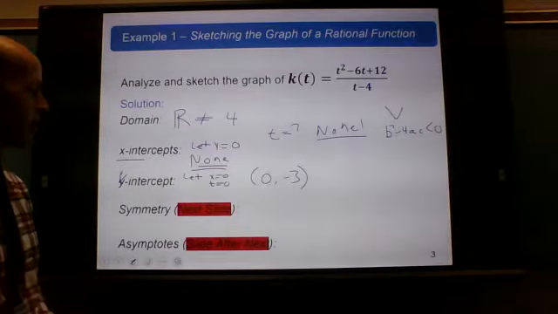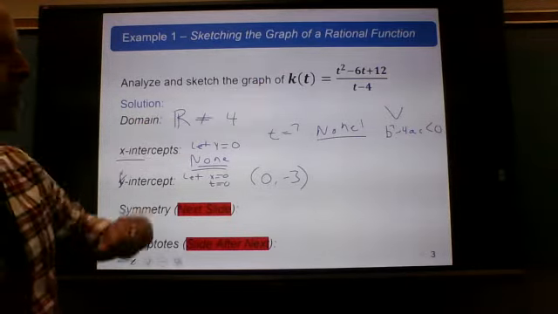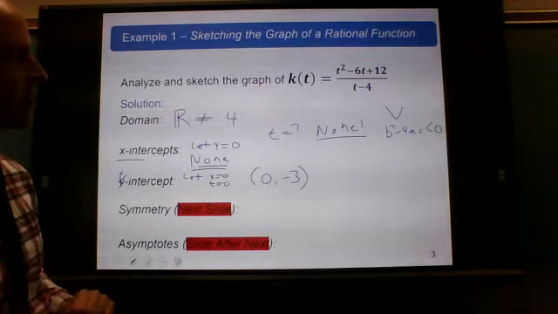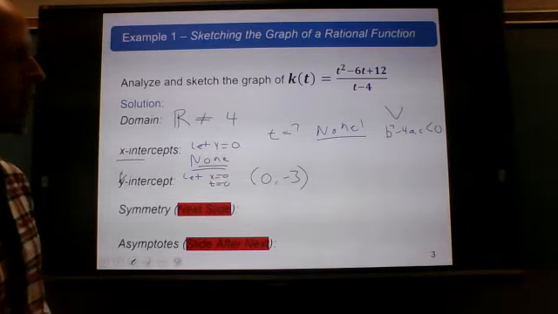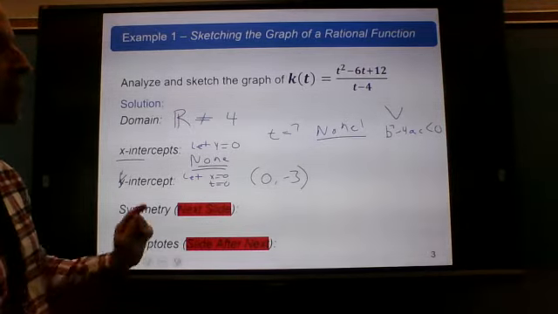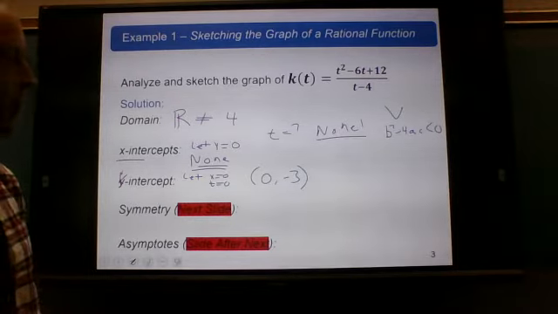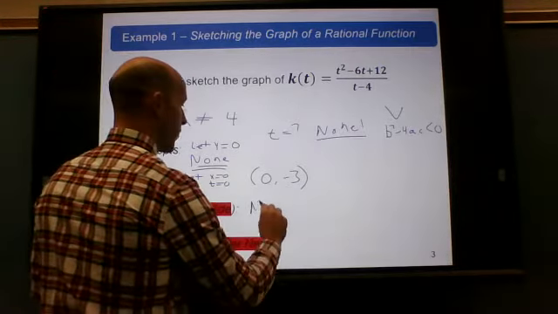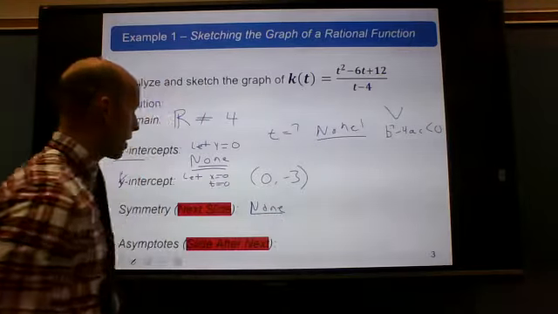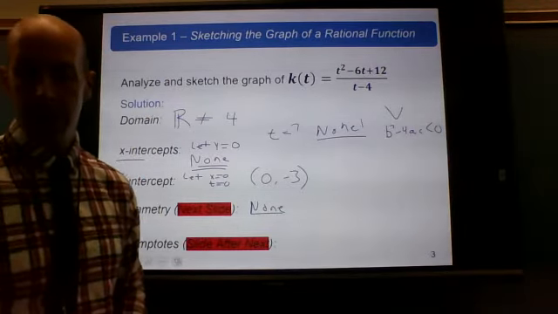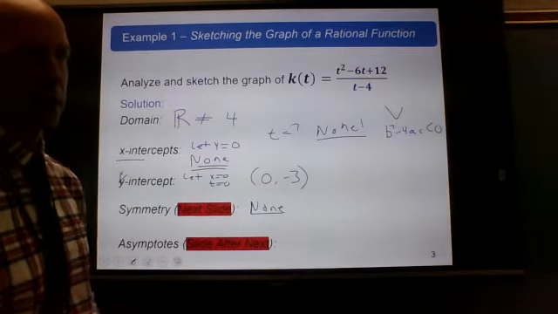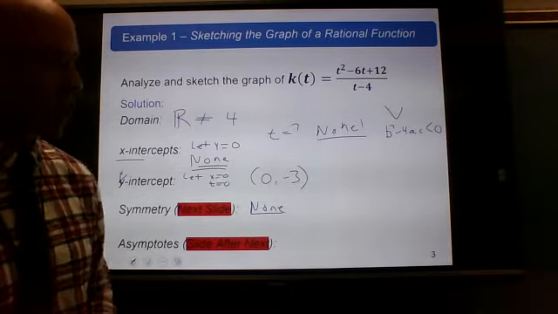So if we go back to our problem here, if we plug negative t in, it turns out that that is not true. If we plug negative k in, that turns out to be not true. And if we plug negative t and negative k in, that also turns out to be not true. So unfortunately, in this example, there is no symmetry. This particular curve is not symmetric with the x-axis, the y-axis, or the origin.